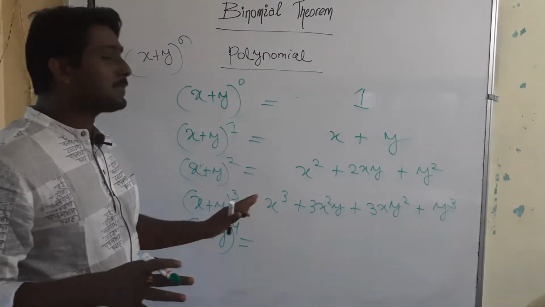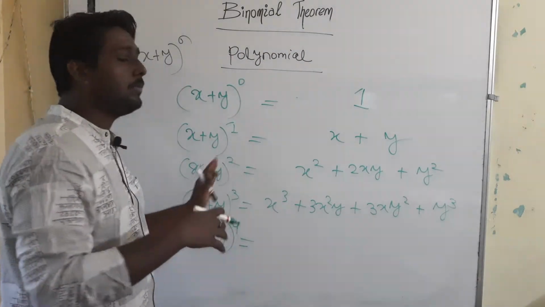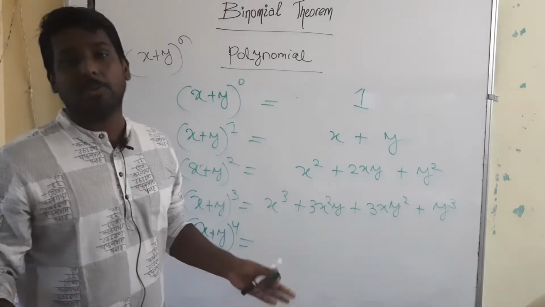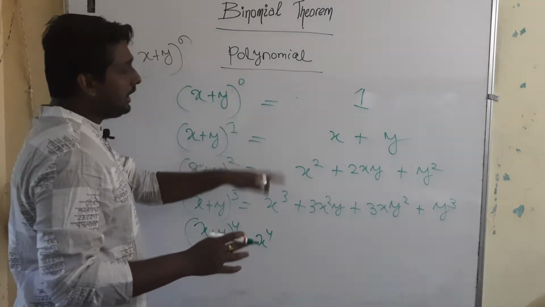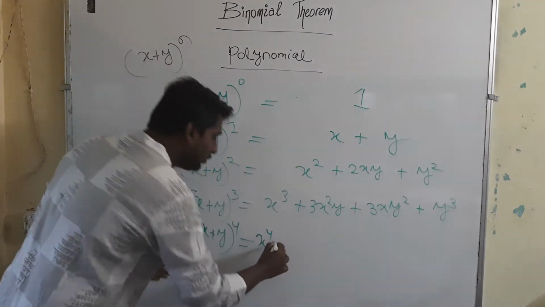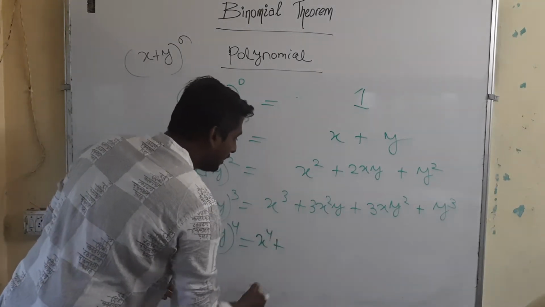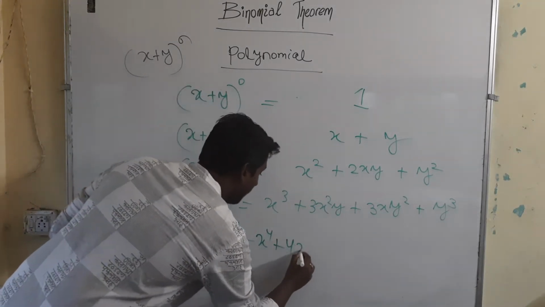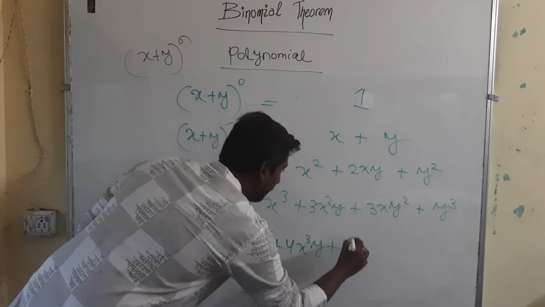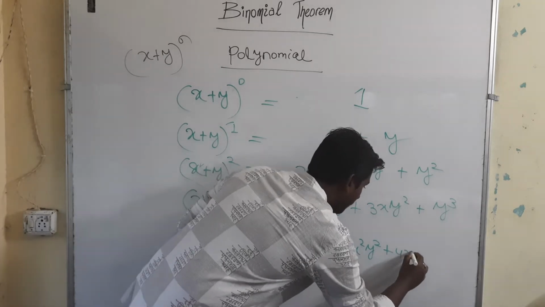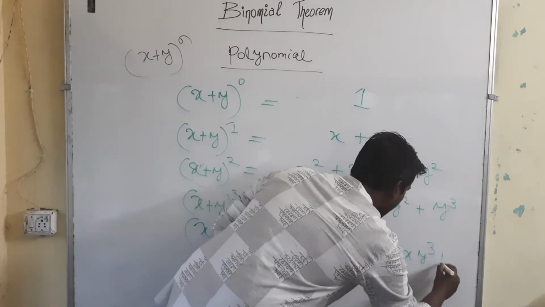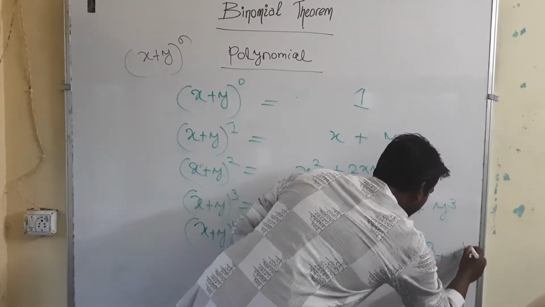The formula will start from x to the power 4 and end at y to the power 4. I can write it here: x to the power 4 plus 4 x cube y plus 6 x square y square plus 4 xy cube plus y to the power 4.